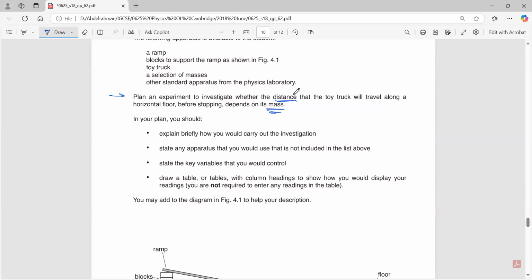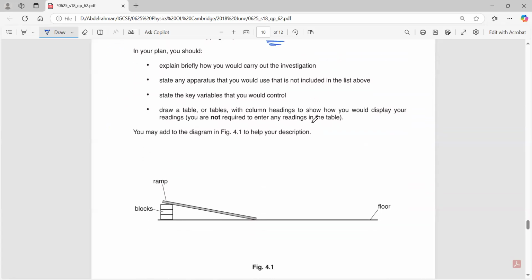As seen in the figure, the toy truck would start at this point, travel a distance and stop. We need to measure this distance, and then repeat the experiment with a different mass and see whether the distance would be different or not.